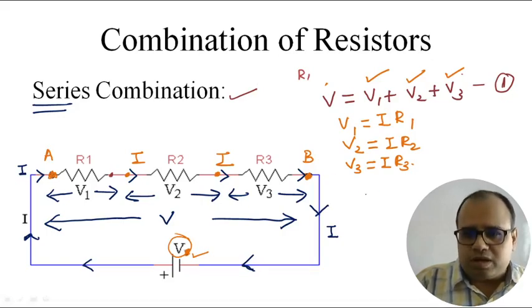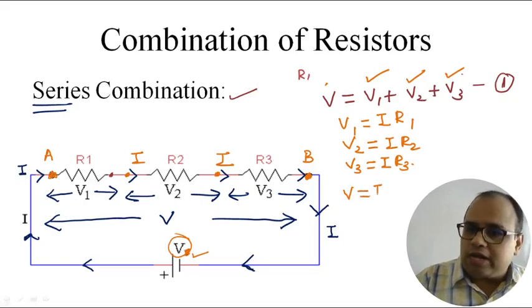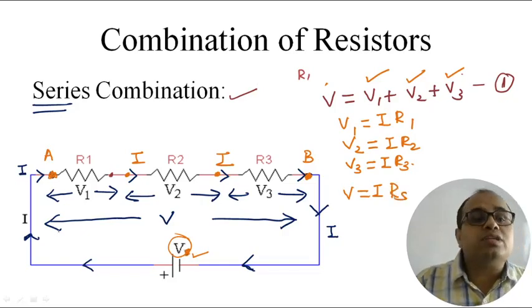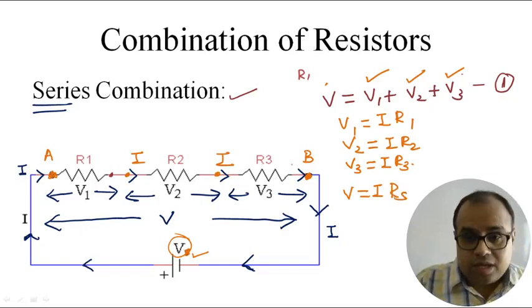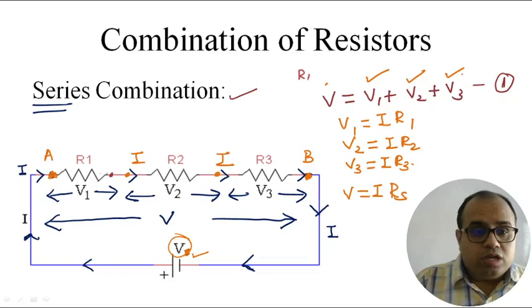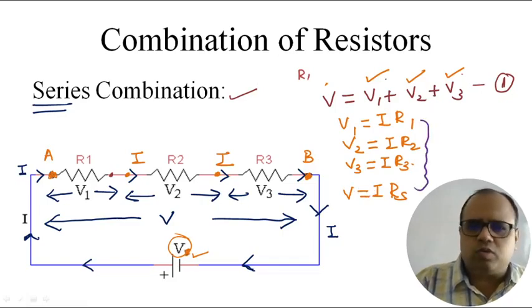So this V should be equal to I, the current, times the series combination of resistors, RS, because these resistors are connected in series and their series combination decides how much current is coming out. Now let us substitute these values in equation number 1.